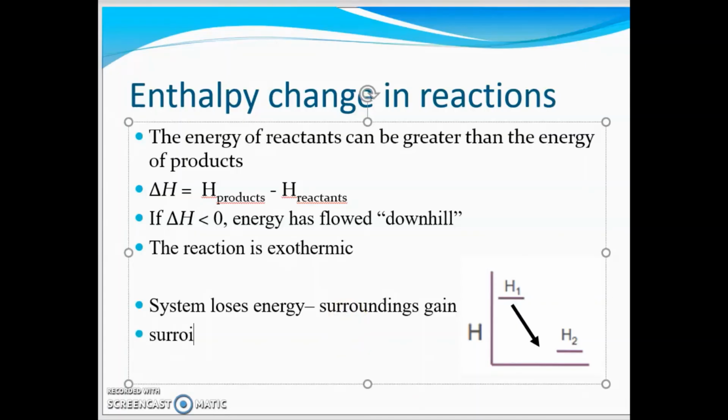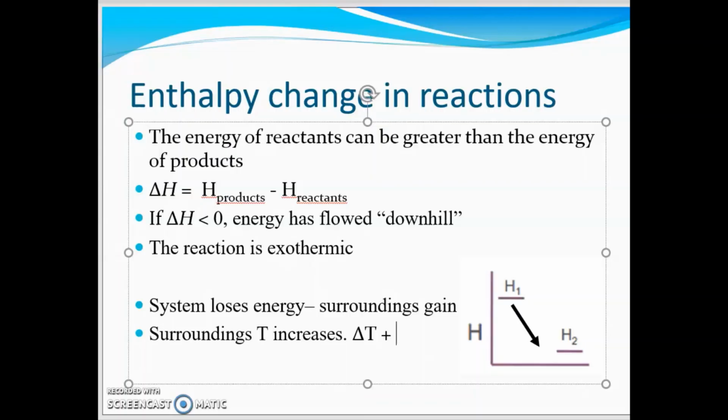I'll see the surroundings get warmer. So in this case, delta T is going to be positive. I'll have a warmer final temperature because the surroundings get the energy that the system loses.